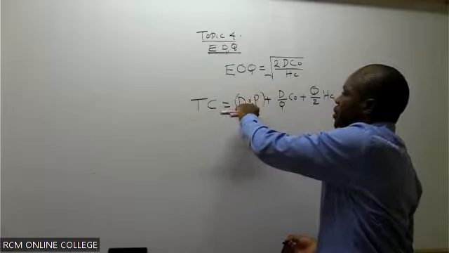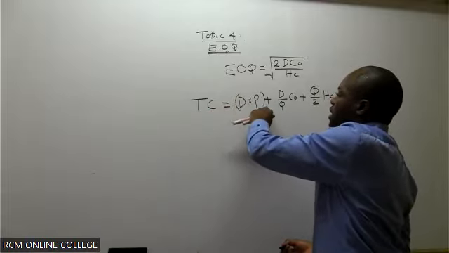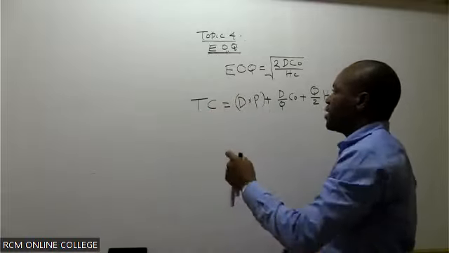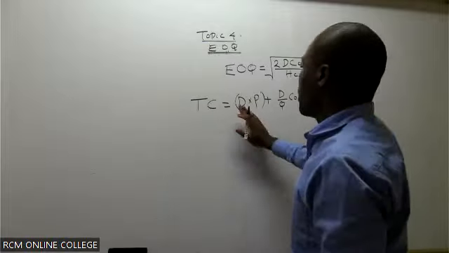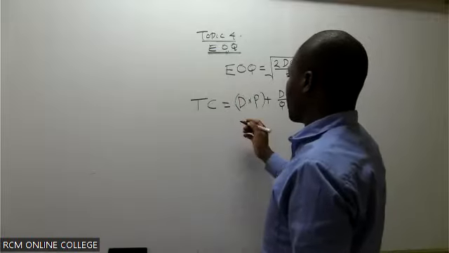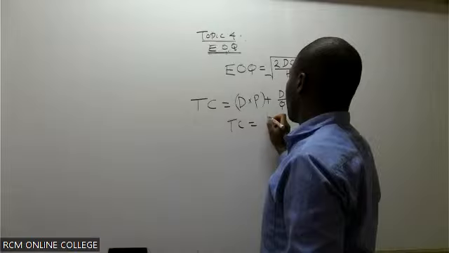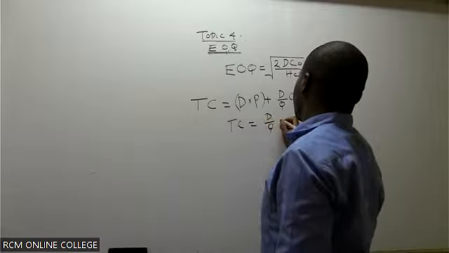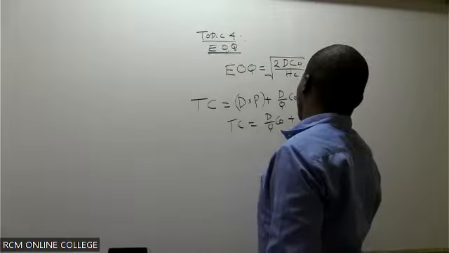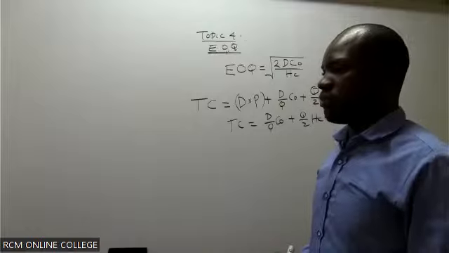Keeping in mind that this figure will always be constant, it does not affect our total cost here. We basically do away with it, and total cost will be equivalent to demand over quantity plus quantity divided by 2 multiplied by holding cost.